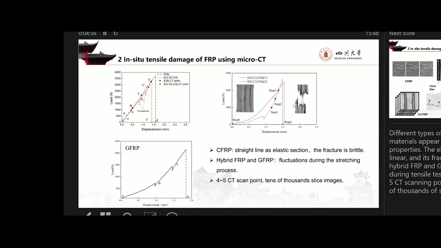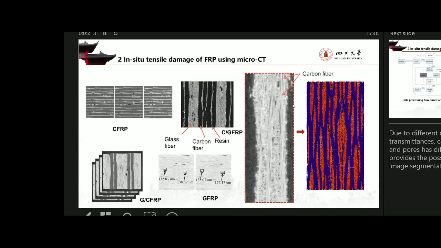And the hybrid FRP and GFRP will fluctuate during the stretching process. At these points, we take the CT scanning. Then we get the slices. We can see in the hybrid FRP there are glass fiber, carbon fiber, and resin. And also we can get the carbon fiber model.